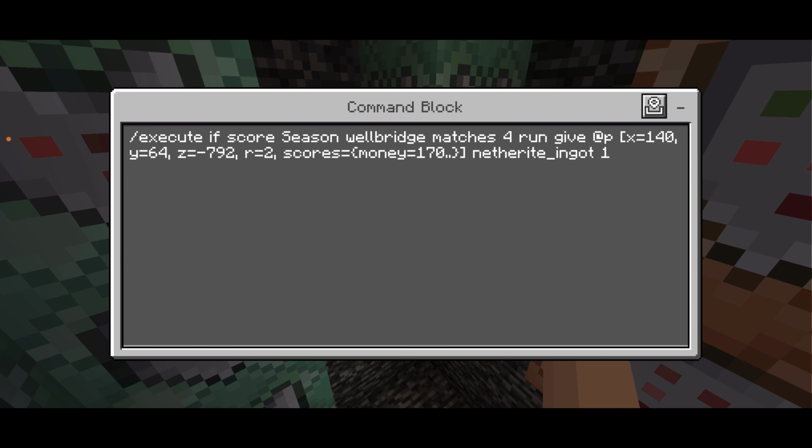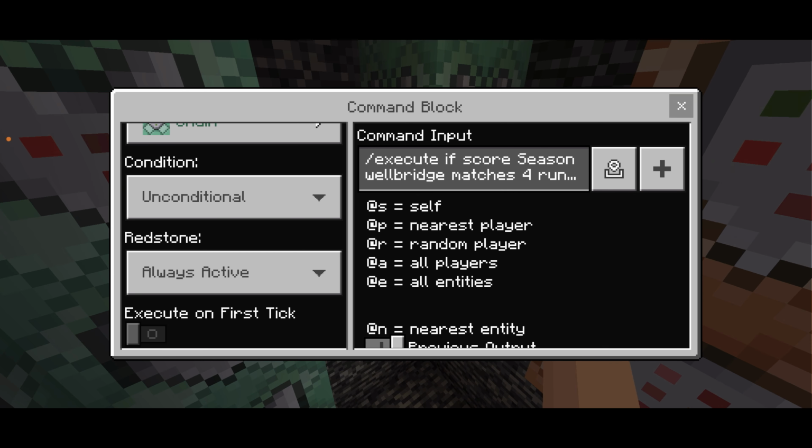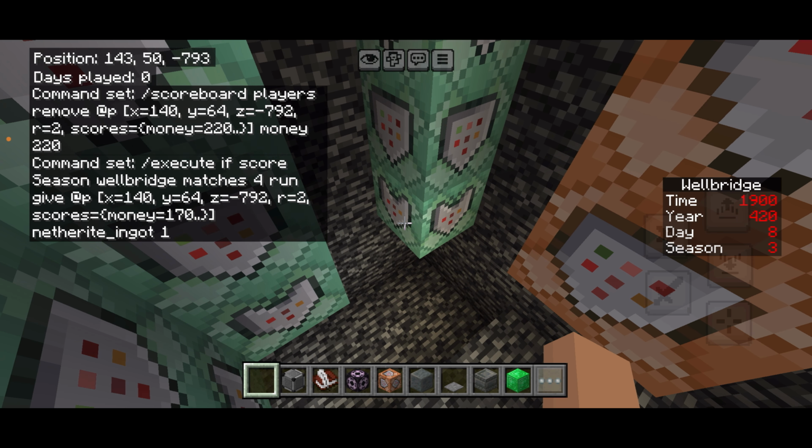Okay, so this one is 170. All right, execute if score season matches 4 run give @p. Scores equals money equals 170. One more. Last one.